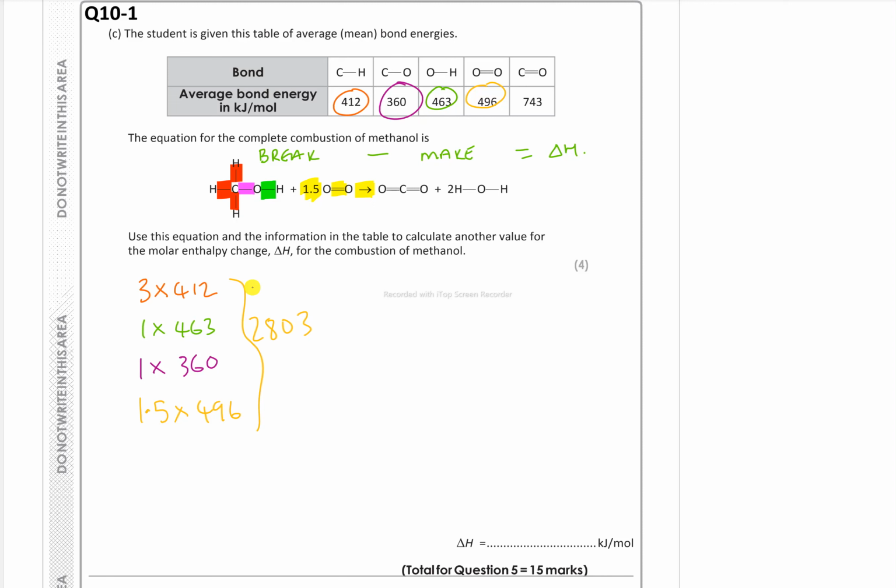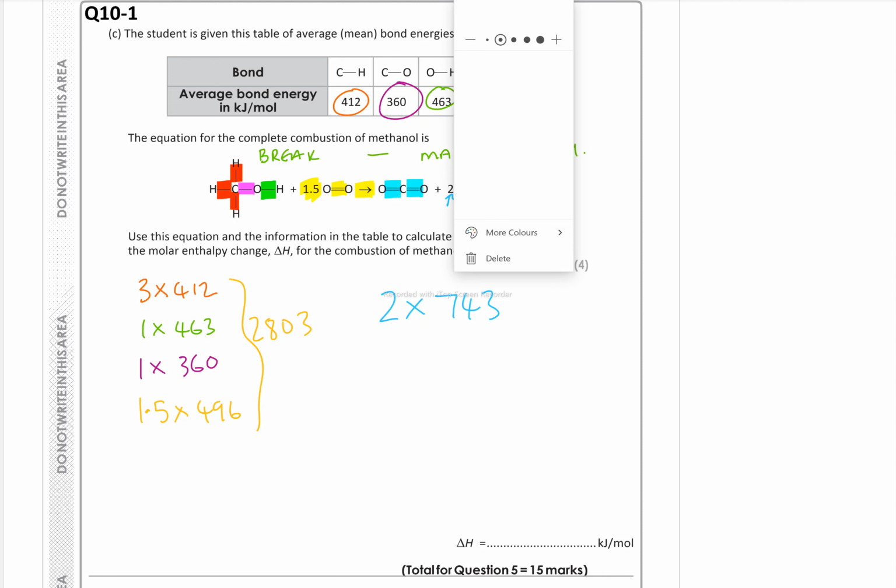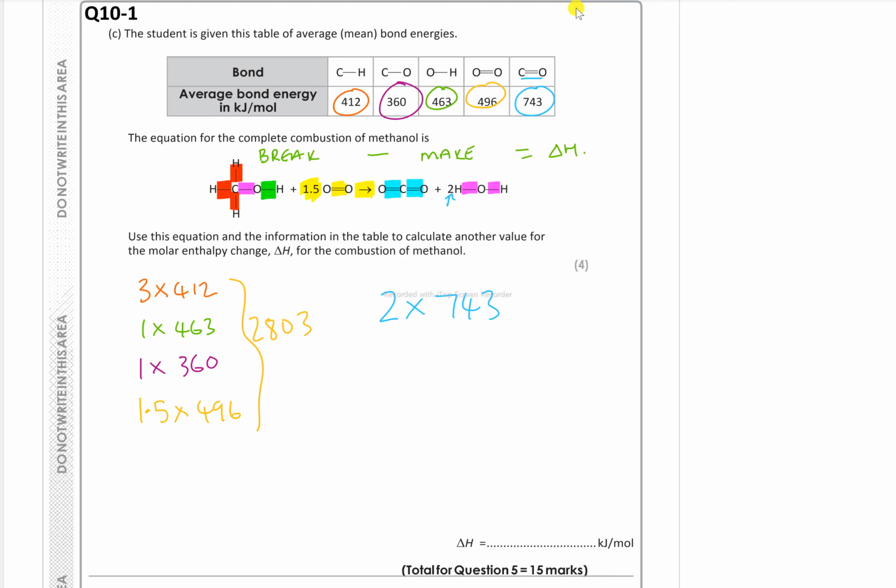Now we're looking at the make. So we've got a CO and a CO. So we've got two lots of CO is 743, and we've got to be careful with that. We've got an OH bond, we've got two of them, so we've got 2 times OH.